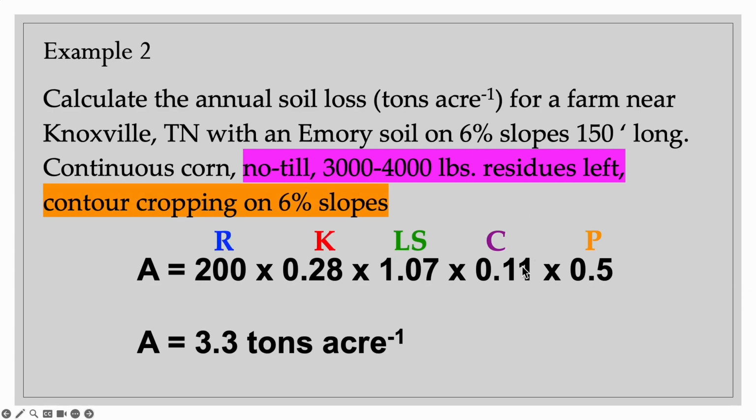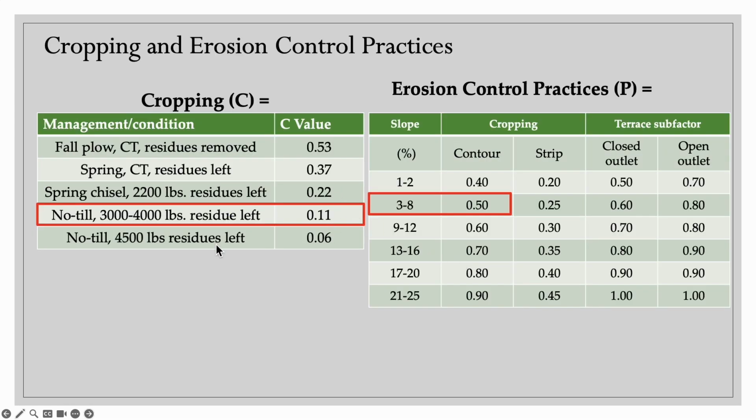So this is where it becomes important. And so if you go back and look at the table, naturally you would want to do no-till with about 4,500 pounds of residues left, and strip cropping on 1 to 2% slopes. Even right here, what if we had done 6% slopes with strip cropping?